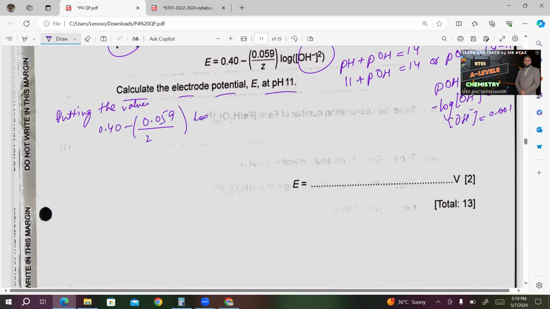So we have log of OH negative ion, 0.001, whole square. Solving this, we will get plus 0.577 volt. This will be the final answer for this one.